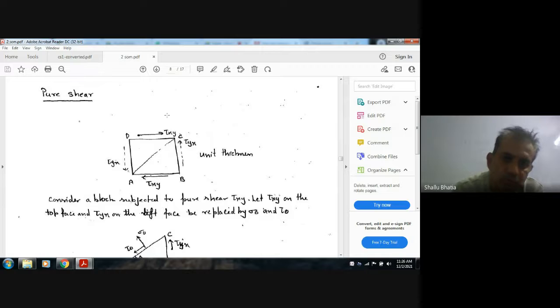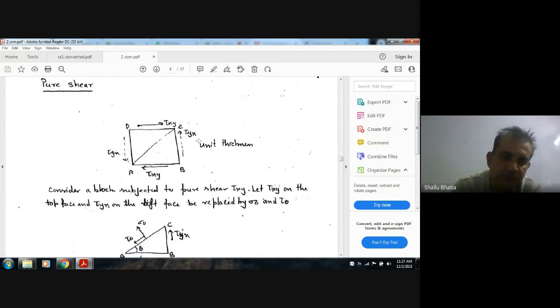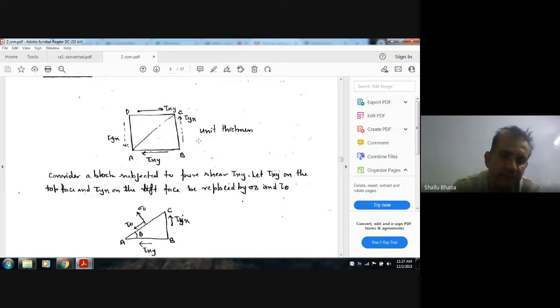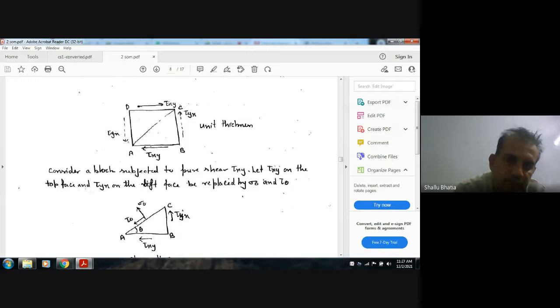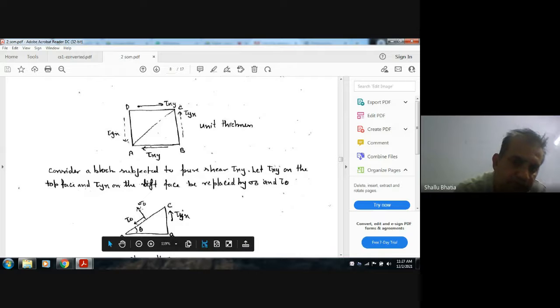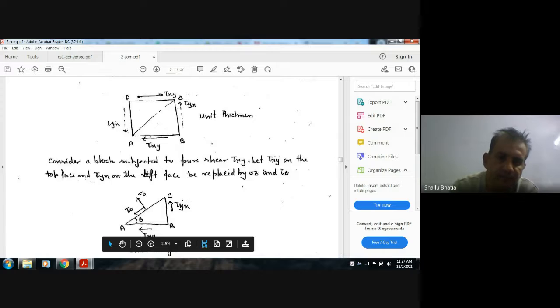Now, due to these stresses, we will find out the stresses on plane AC. Similarly, as in the previous article, tau xy and tau yx can be replaced by sigma theta and tau theta.